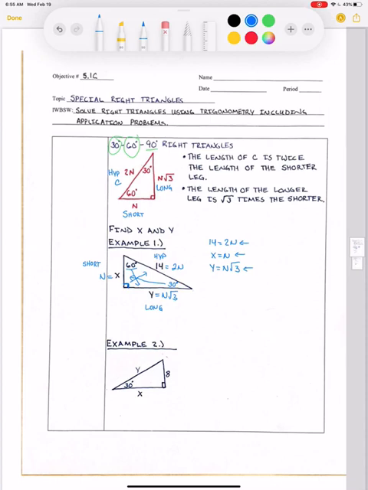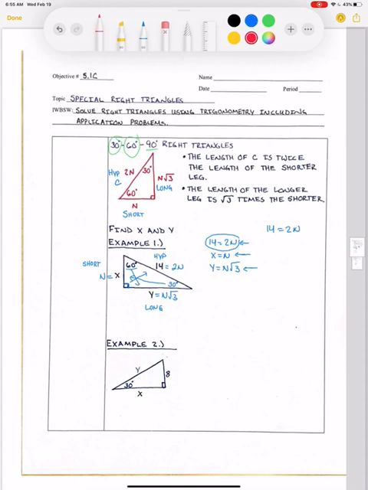The only one that just has n and no other letter is the first one, because the second one has x and n, and the third one has y and n. So I'm going to use this equation, 14 equals 2n, and solve for n.